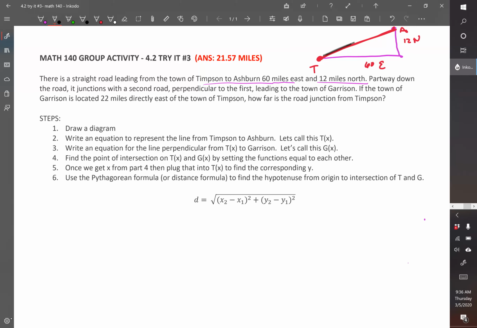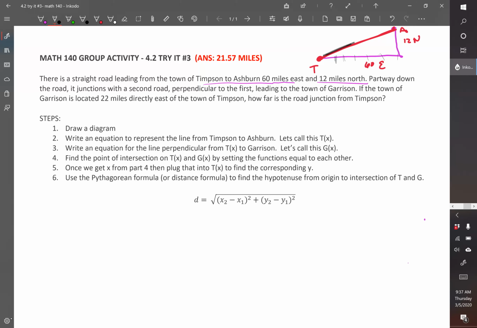There's a second road that's perpendicular to the first, leading to the town of Garrison. So we know it's going to go down to Garrison, and it says Garrison is 22 miles directly east of Timpson. So we can sit this here, if this is say 10, 20, 30, 40, 50, 60, just judging my scale.